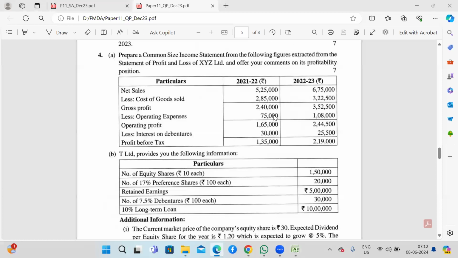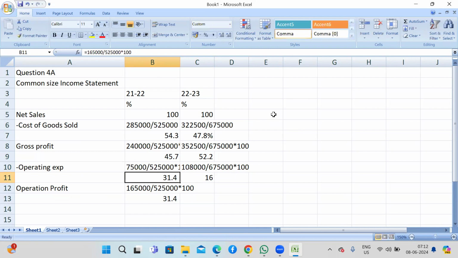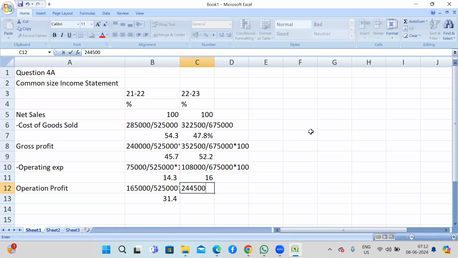Operating expenses is 75,000. So I'm changing it. 44,500 divided by 675 into 100.